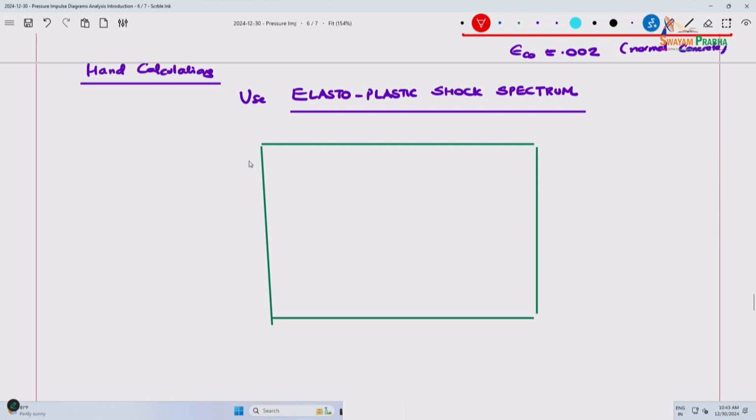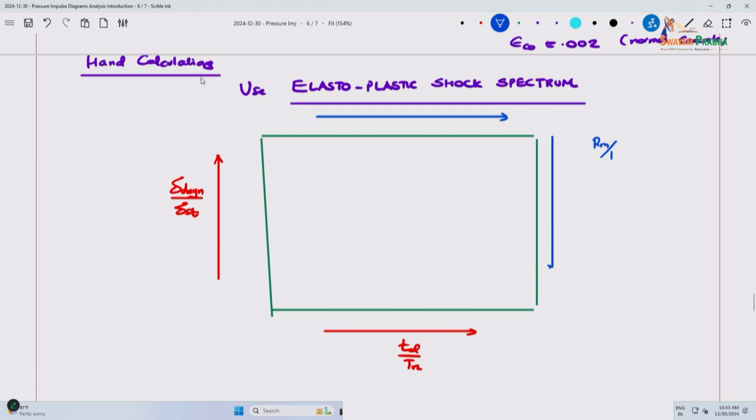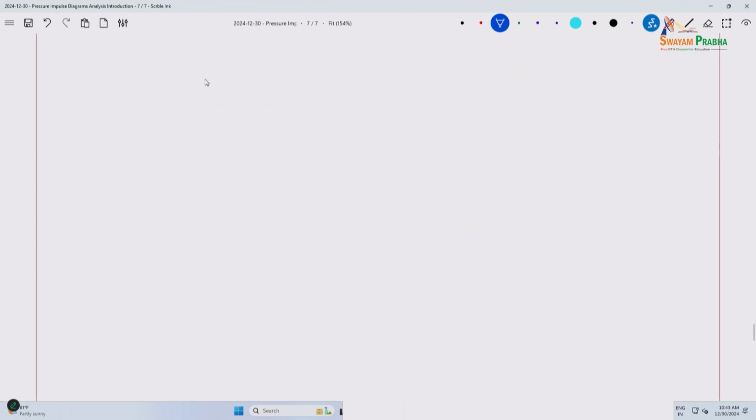So the x-axis is delta, just like you had in the elastoplastic, delta dynamic by delta static. The x-axis is Td by Tn. And these two axes, both this one and this one, represent Rm by F naught.